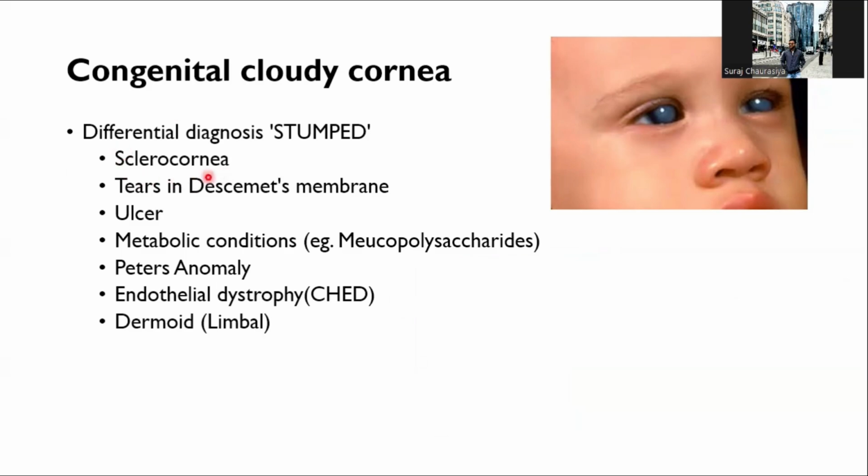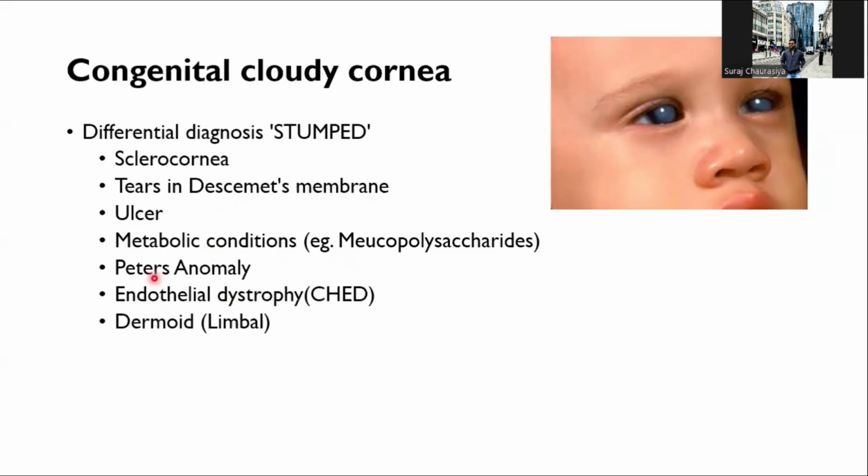So in a sclerocornea also you will be seeing the cloudy cornea, and tear in the basement membrane that we have seen in the last slide, that will be also called the Haab's striae, in which also you will be seeing the cloudy cornea. Corneal ulcer, metabolic conditions like mucopolysaccharidoses, which are metabolic disorders of the body.